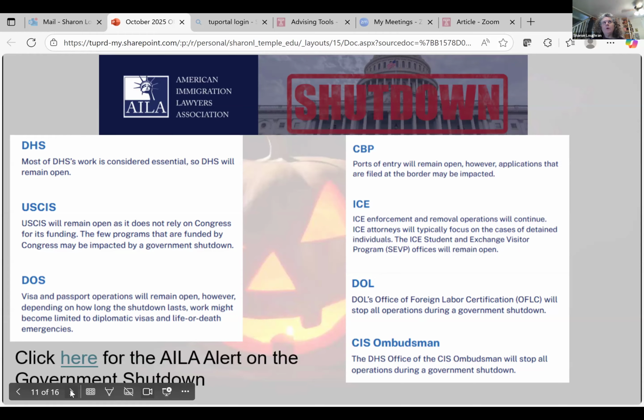But if you were thinking you needed an H for someone in the next month or two, you might want to reach out to me so we can see if there are any other alternatives. Also the ombudsman office for CIS is going to shut down. All right. Any questions about that?